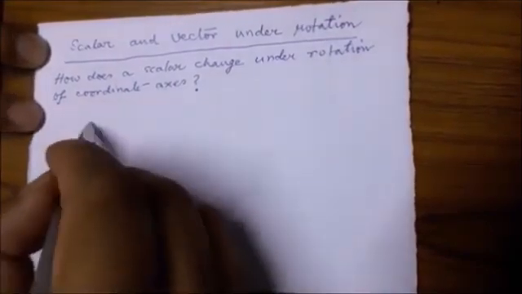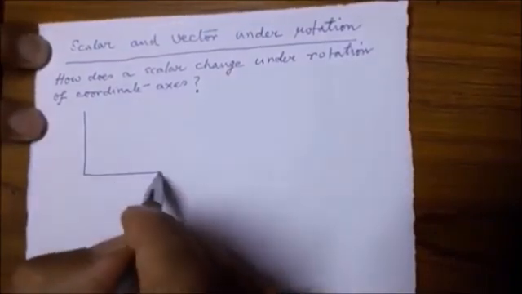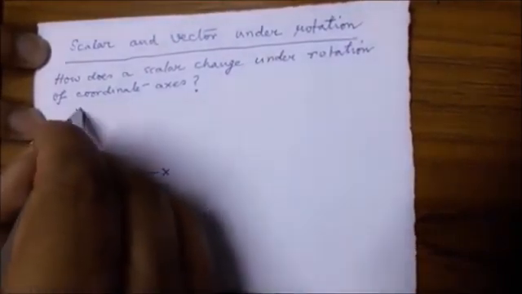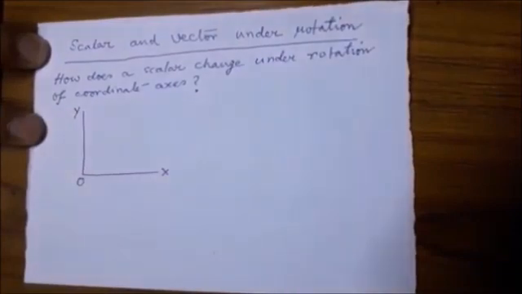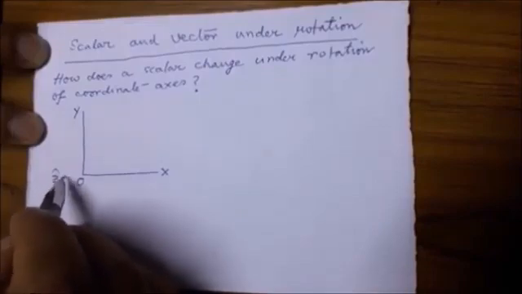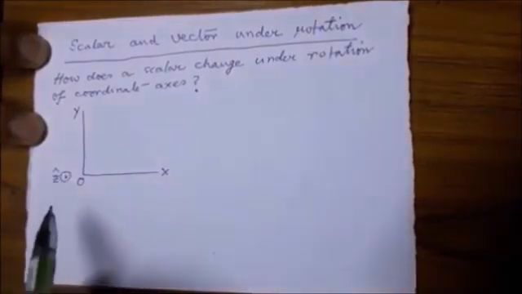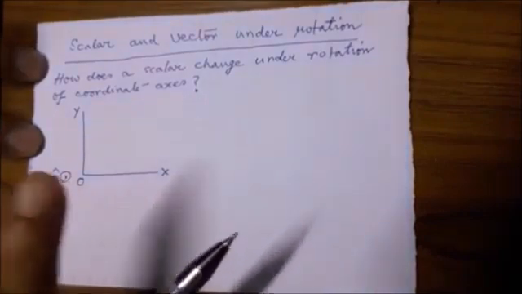So let us consider a system of coordinates. This is the x-axis, this is the y-axis, and O is the origin, and z cap is denoted by an encircled dot, which represents that z is pointing towards the reader.